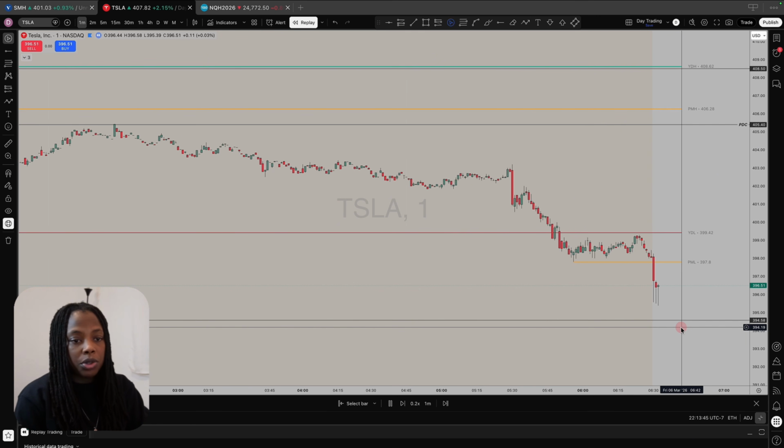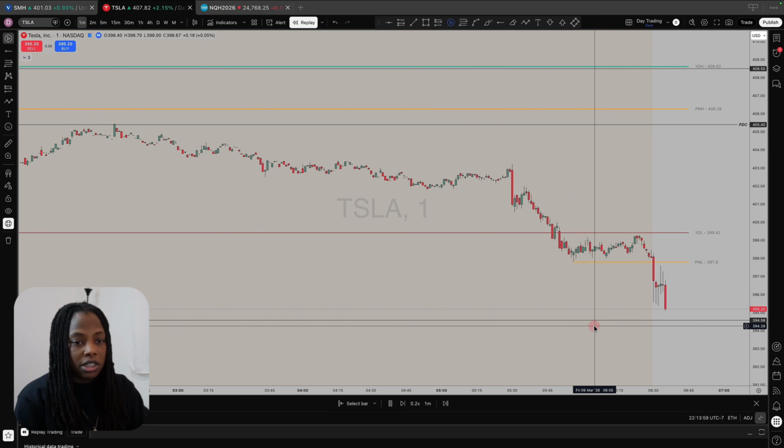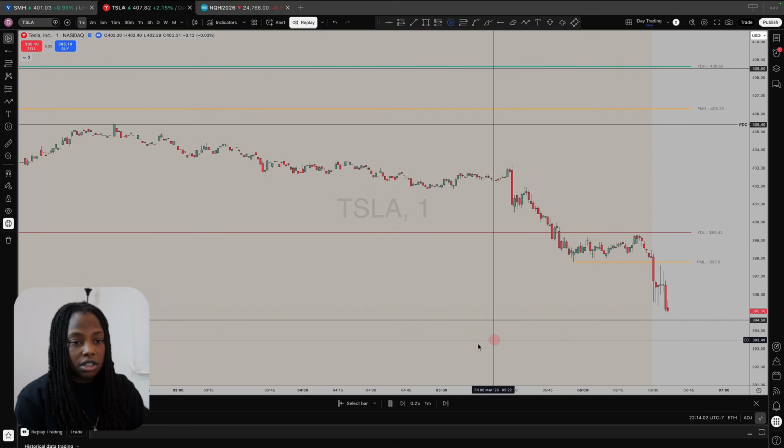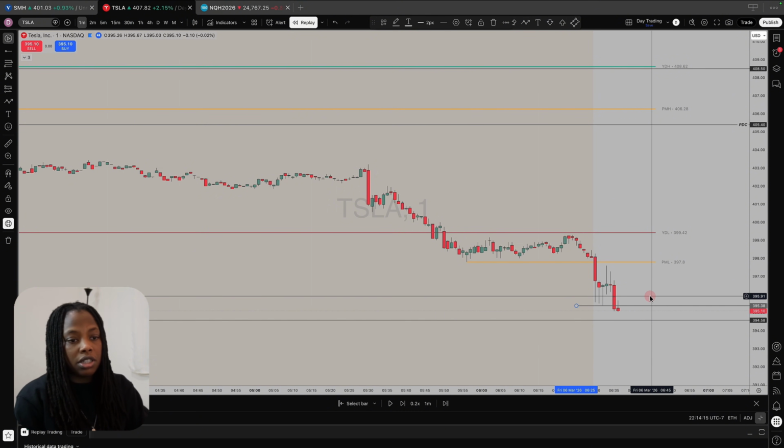So whatever setup you're taking, you have to make sure there's enough risk to reward because this will be your first target. And if price holds above this level, then it's probably low probability. Just look at this, right? You already have your 5-minute setup already, right? Like, I'll mark the 5-minute low right here. You have your 5-minute low set up already.